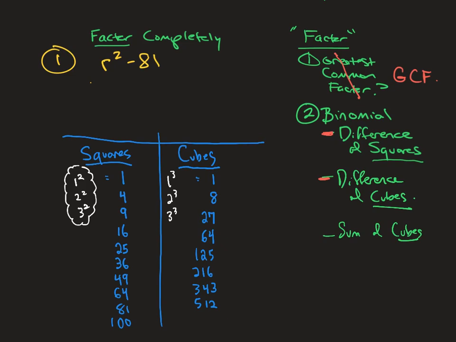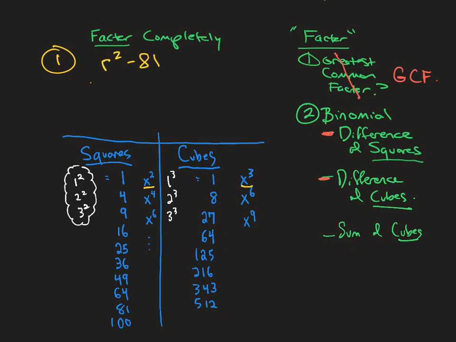You also have variable squares, and I'll just simplify this as x squared would be the first one, x to the 4th, x to the 6th, and so on. Basically, if it's a multiple of 2, x to the 2nd, x to the 4th, x to the 6th, then it's a square. Cubes start with x to the 3rd, and they go up by 3. Typically, though, you'll just see the x squared, the x to the 3rd when you're talking about squares or cubes.